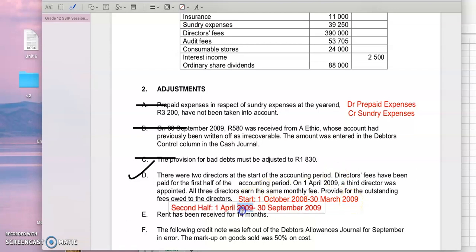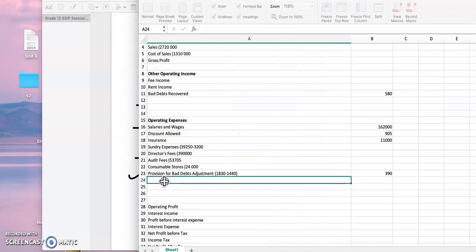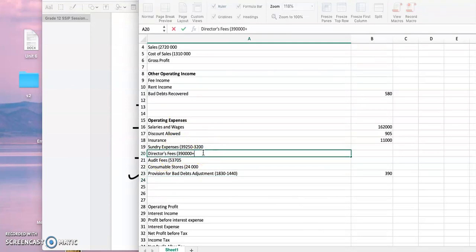We still have to pay the two directors for the second half, so we have to pay another 390,000 Rand for the second half of the year, and now we have a third director. We are only paying the third director for 6 months, which we already calculated.